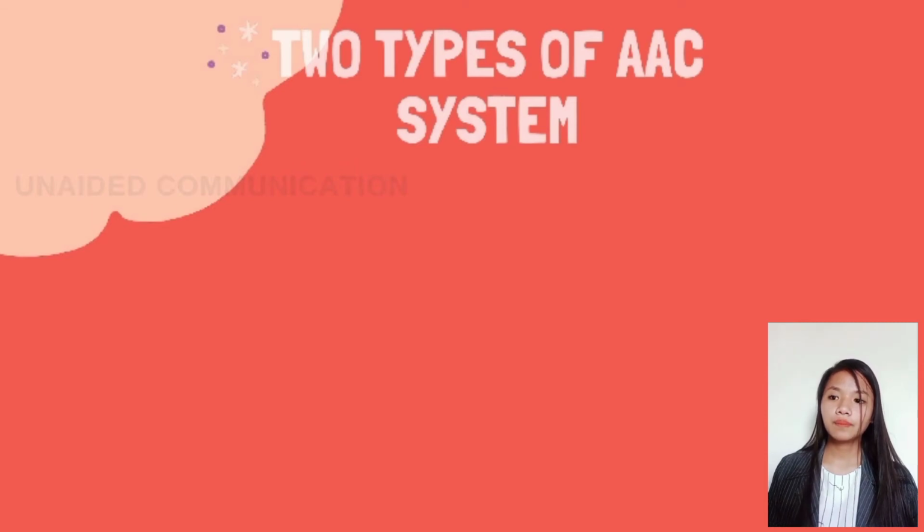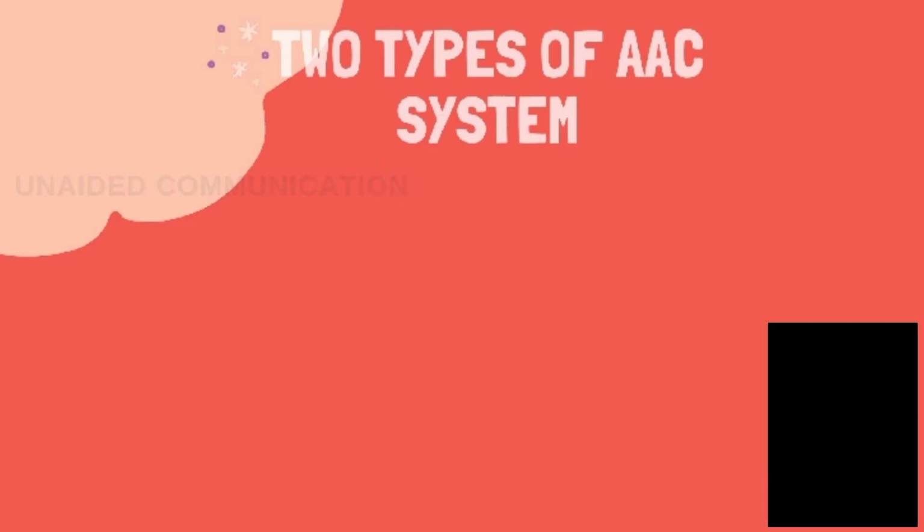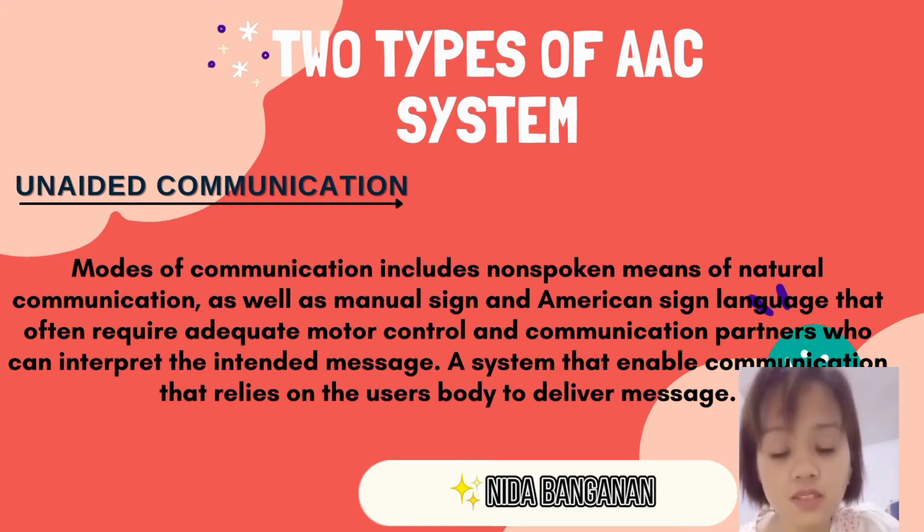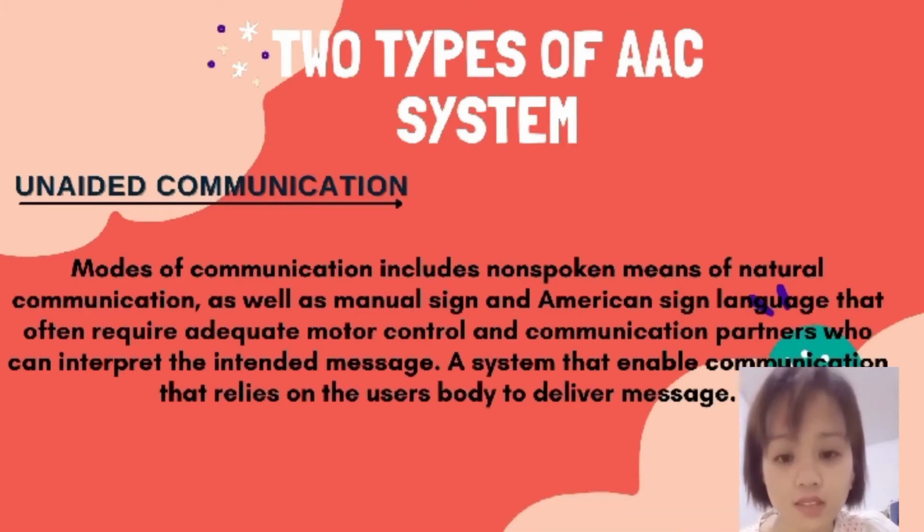Let's go to two types of AAC systems, which will be explained by Miss Nida Banganan. Types of AAC systems: unaided communication and aided communication.